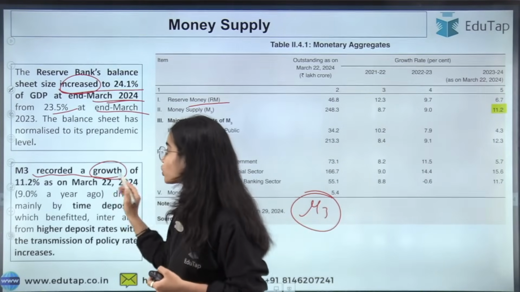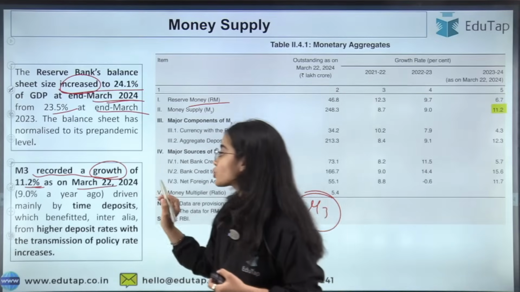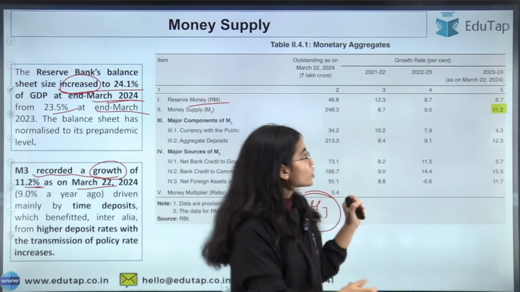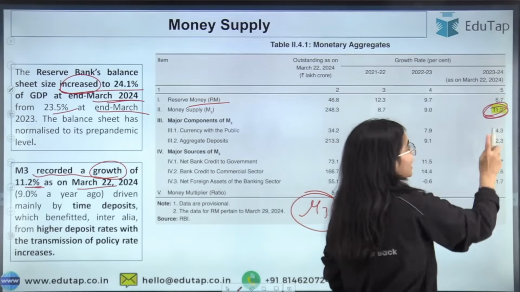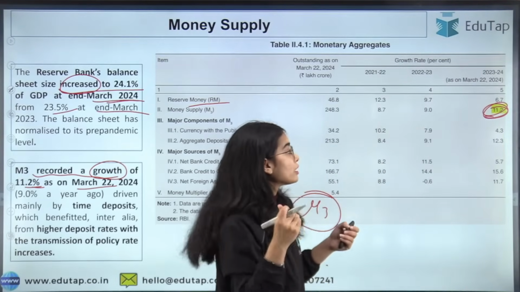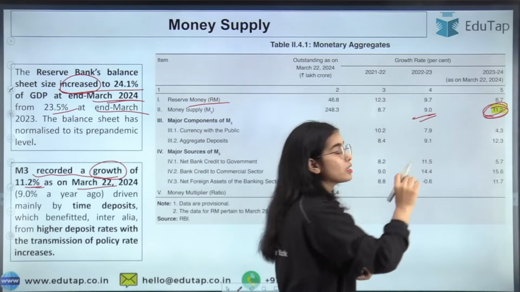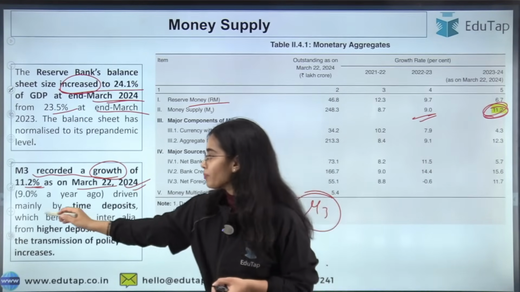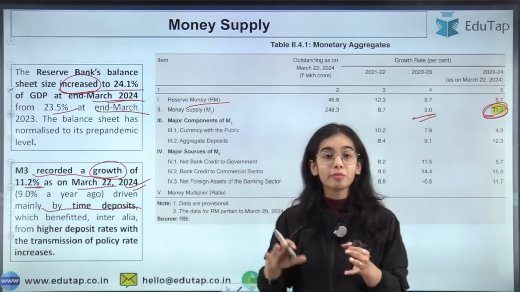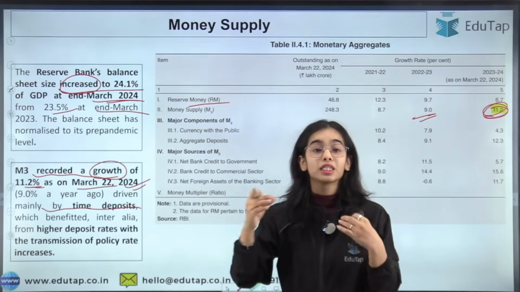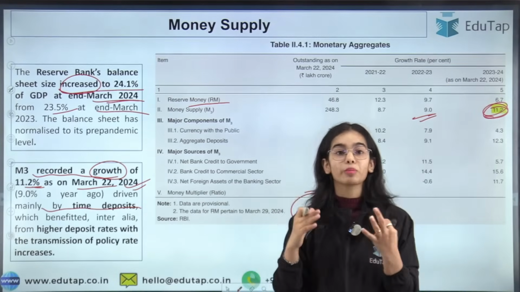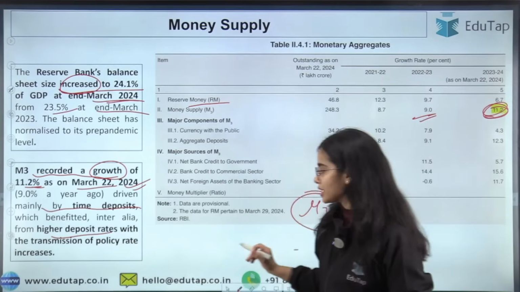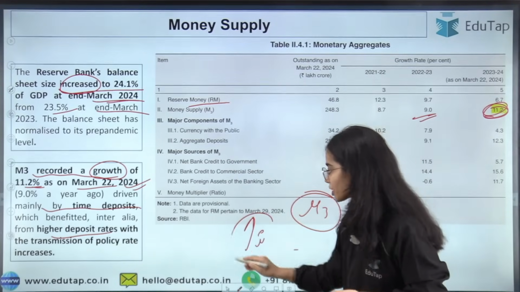M3 recorded a growth of 11.2% as on March 22, 2024 as compared to 9% in the previous year. So the money supply, the M3, has grown by 11.2% as compared to 9%. Mainly by the time deposits, because the time deposits have grown by a lot. The FD, the RD, they have increased by a lot due to the higher deposit rates, because of the higher interest.